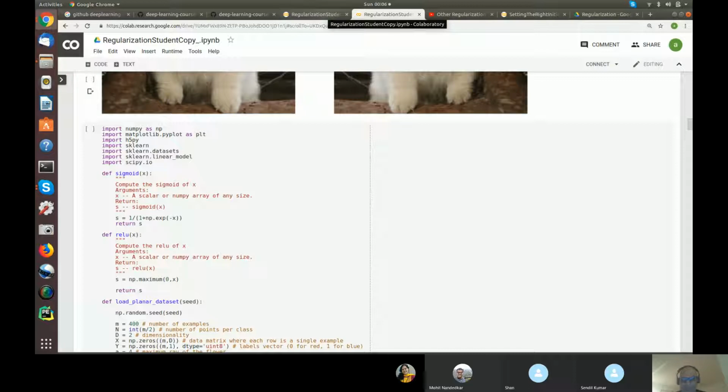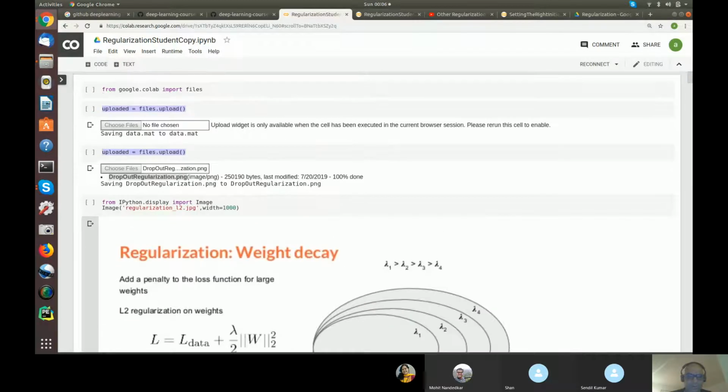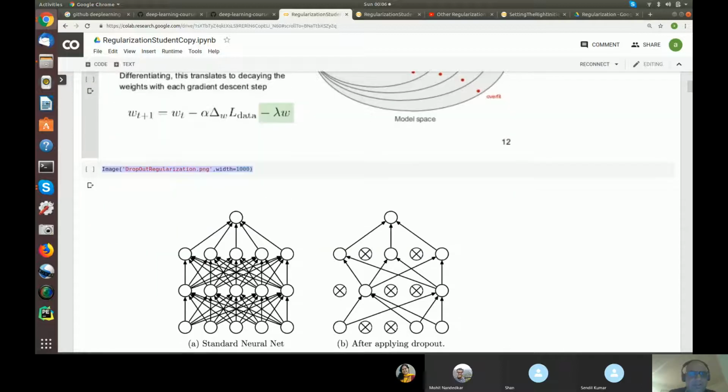Do we have any questions on these 4 methods? Okay. Let's go to our notebooks and actually run these and see what it looks like.